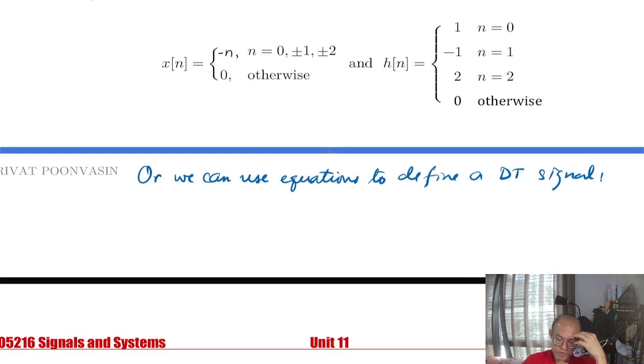For example, you may say y of n is equal to 0.3 to the nth, where n is 0, 1, 2.